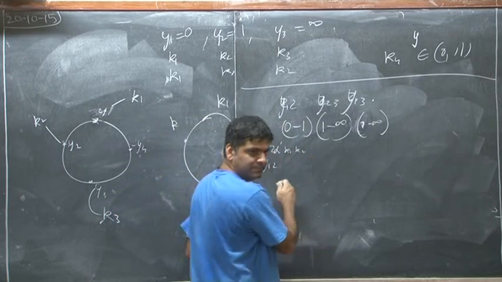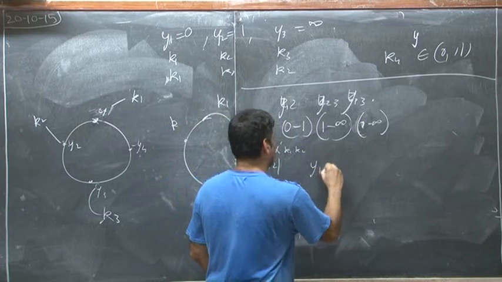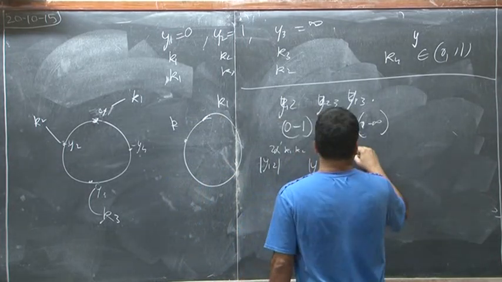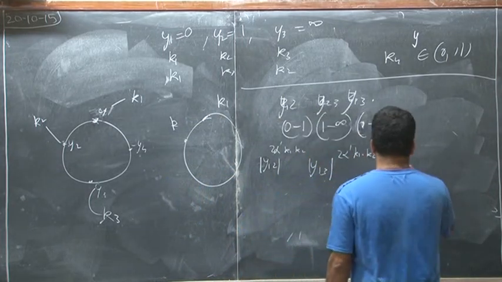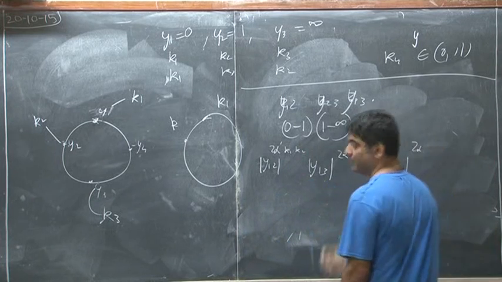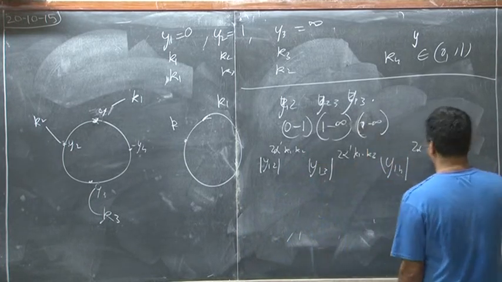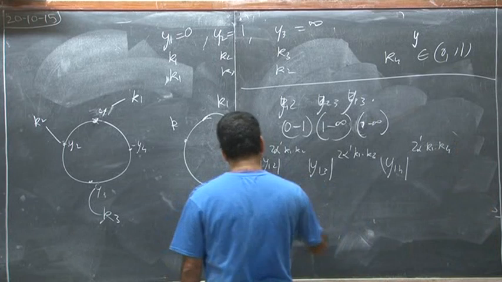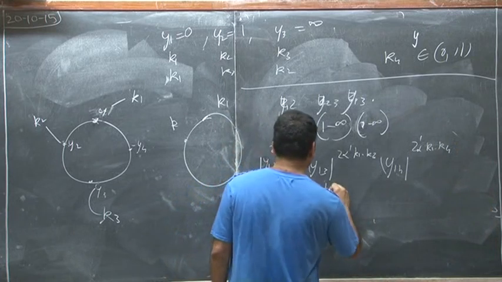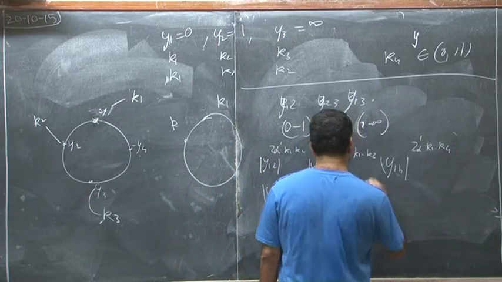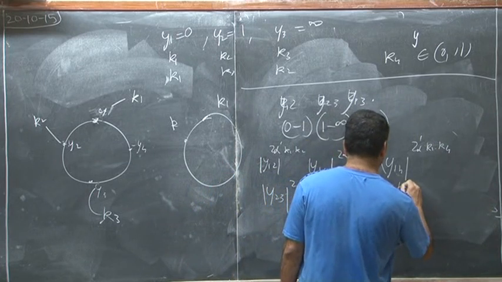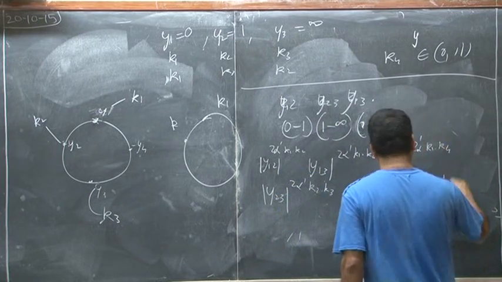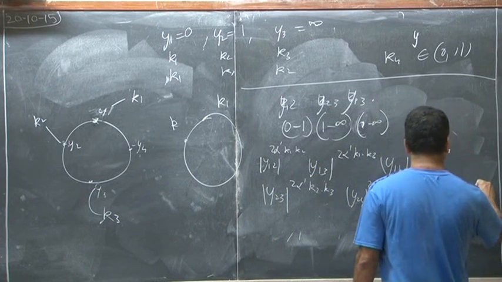Correct, right? |y13| to the power 2 alpha prime K1 dot K3, |y14| to the power 2 alpha prime K1 dot K4, |y23| to the power 2 alpha prime K2 dot K3, |y24| to the power 2 alpha prime K2 dot K4, and |y34| to the power 2 alpha prime K3 dot K4.